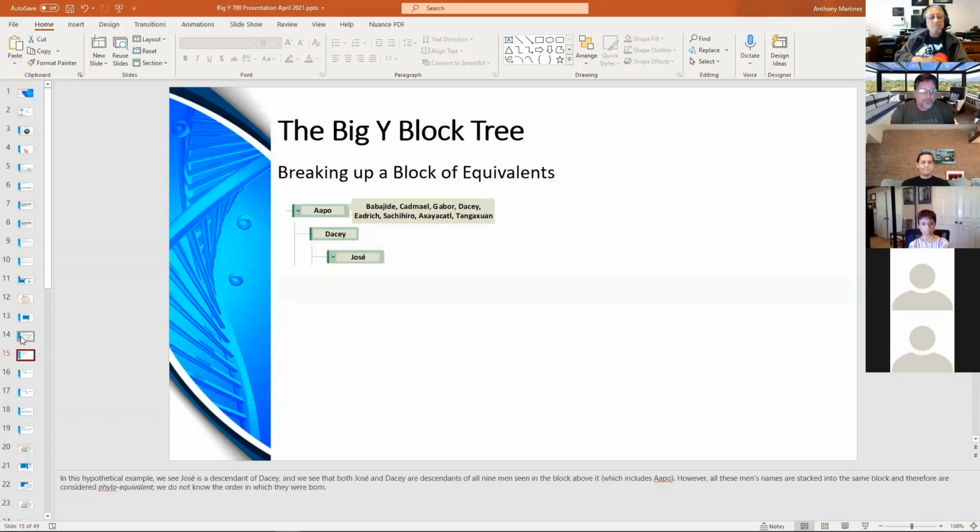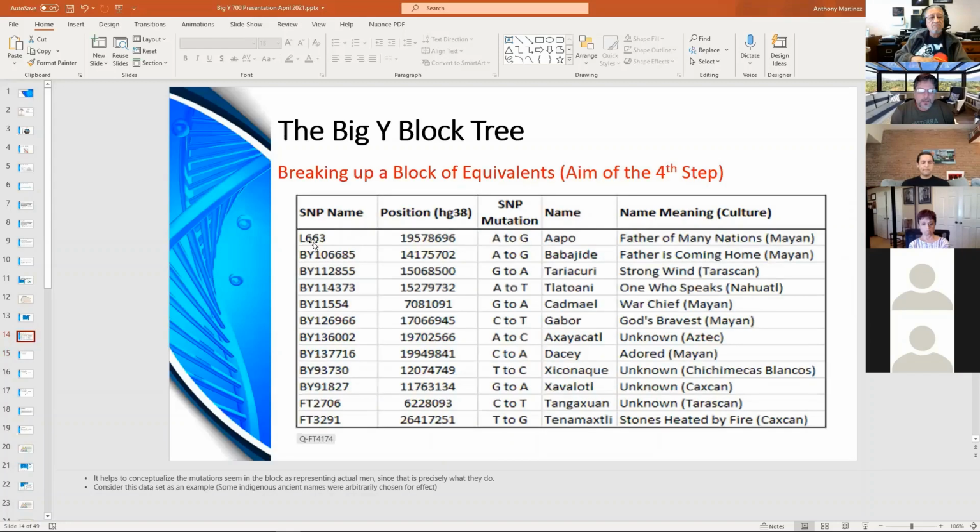This guy just happened to be QL, I'm just going to say he's QL663. So we named this whole block after this person's SNP name, QL663. So when I say, oh, I'm on haplogroup QL663, it really represents an individual.